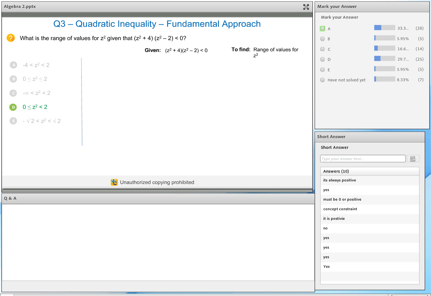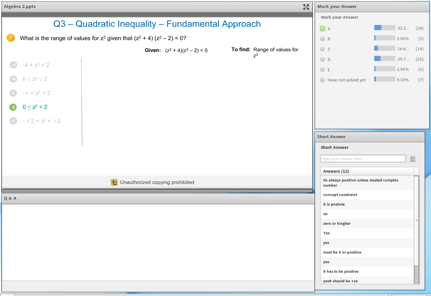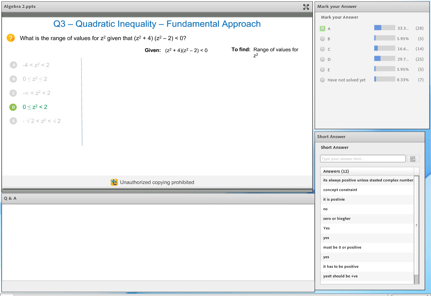Or rather, it's always non-negative, so it's 0 or a positive number. Now, how will I solve this? What's given to me is that (z square plus 4) times (z square minus 2) is less than 0, which means, what are the cases in which the product is less than 0?